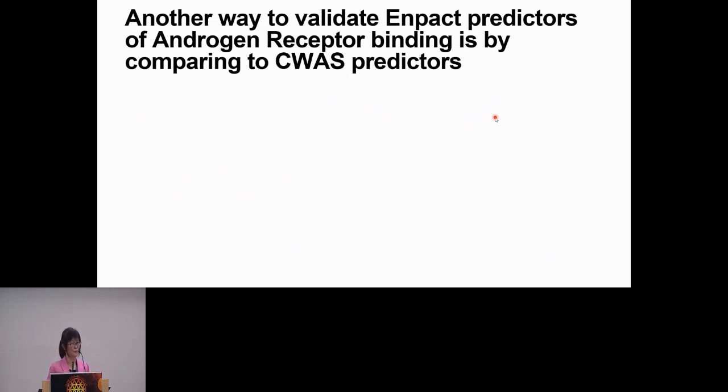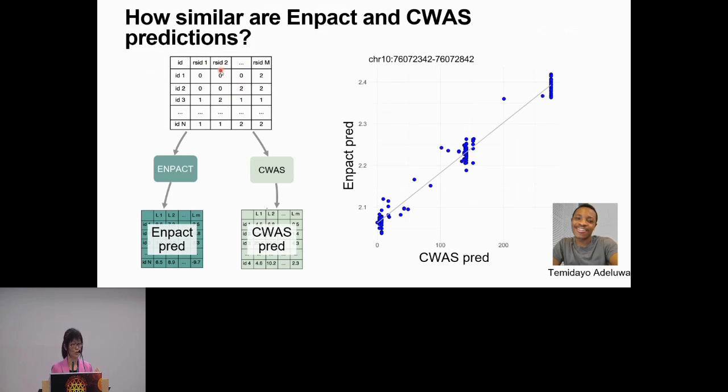So these are orthogonal predictors of the same thing, androgen receptor binding for these individuals. We compared the two, and the way we did it, we took 1,000 Genomes genotypes, completely publicly available. We applied NPACT, and we got this: rows are people, columns are androgen receptor binding predictions with the NPACT method, and on the right side, we have at the same site for the same people the GWAS method, which is the current best of the class.